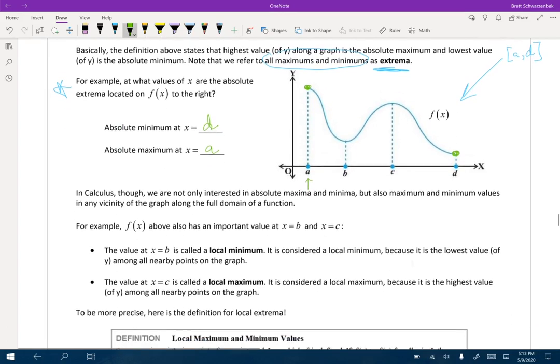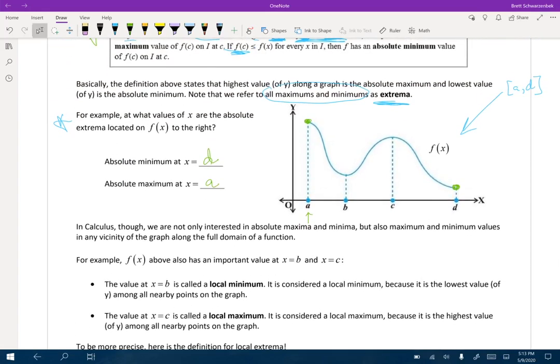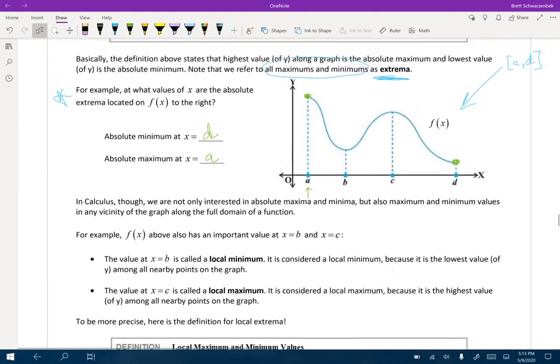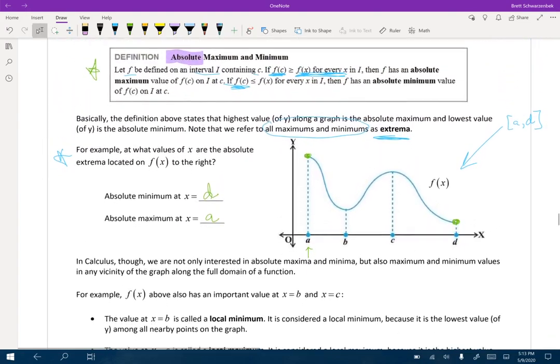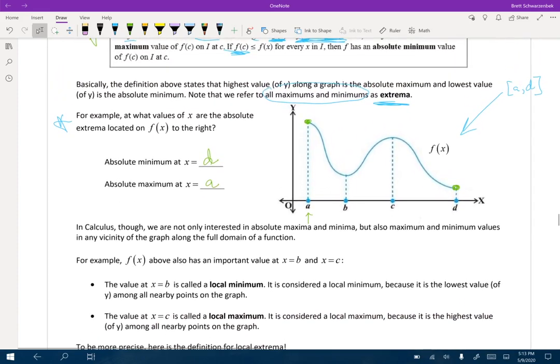Okay, so in calculus, we're not only interested in the absolute maximum and minimum, we also have another concept called the local maximum and minimum. The difference between them is basically this. A local maximum or minimum is the highest or lowest point in the vicinity of the graph.